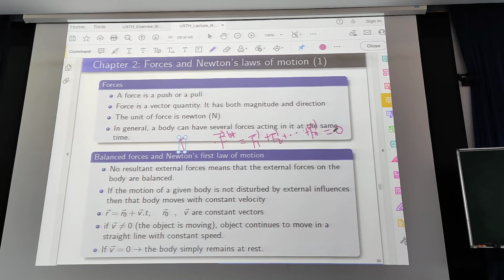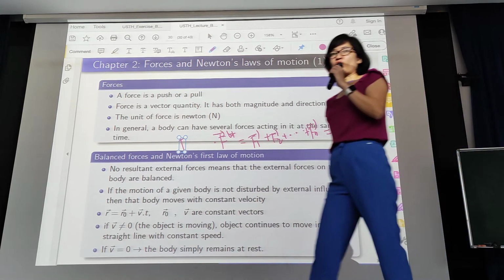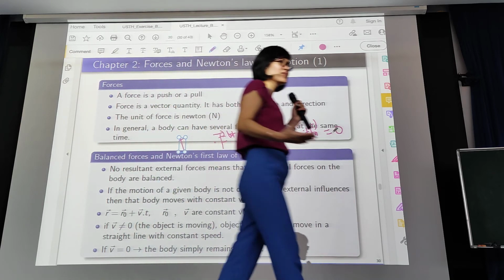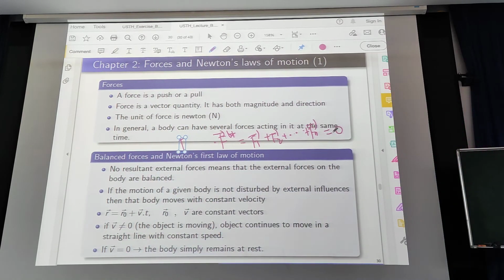So if I am resting, I will be at rest forever. If I am moving, I will move with constant velocity. That is the content of the first law of Newton.